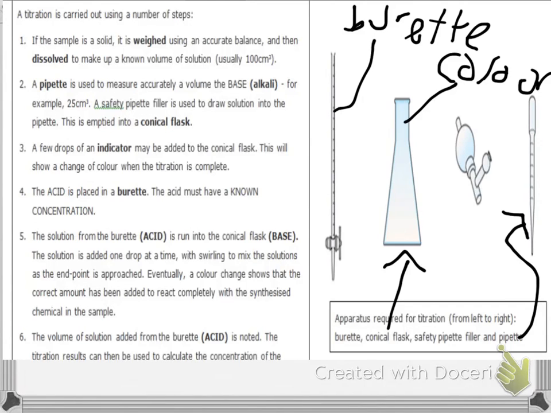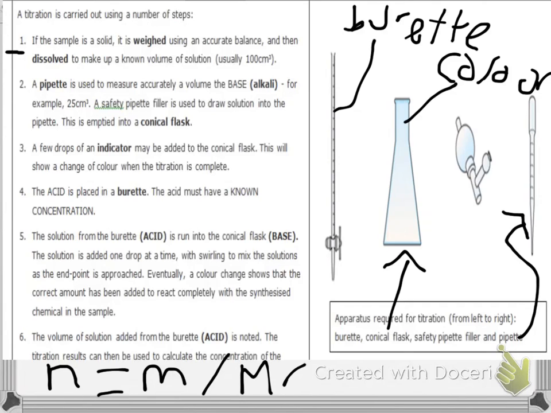If the samples are solid, we need to look at dissolving that sample in a known volume, which is usually a litre, and calculating the number of moles of that solid sample. There was a video that showed us how to do that on the YouTube channel, but remember we'd use the equation of number of moles equals mass over molecular mass.